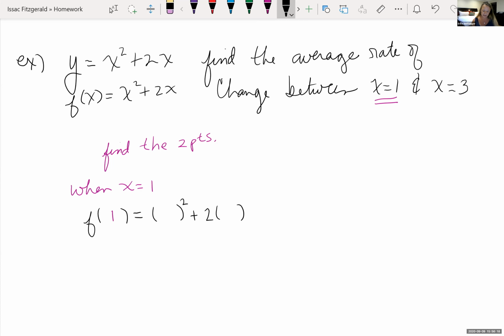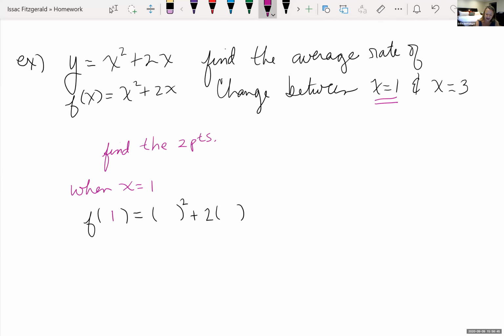The reason I do this is because sometimes students want to leave the x in there after they put the number in, or they think it's multiplication. So wherever I see the variable of my function and I'm replacing it with a number, an expression or a variable, I first rewrite it without that x. The x is just being replaced with a parentheses.